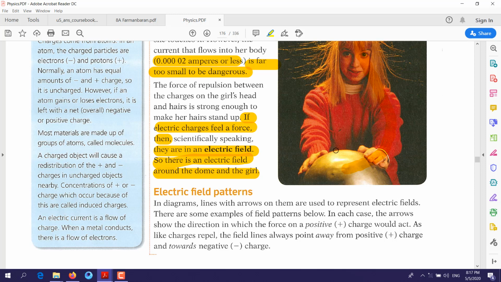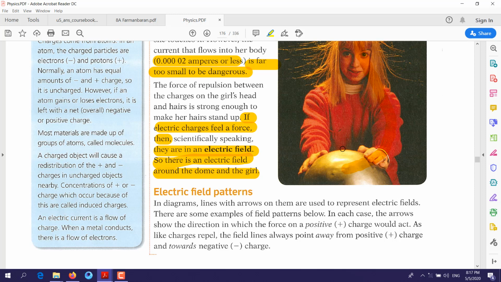If you put any metal with a pointed tip next or close to this dome, what will happen? Here there will be charges, and if you put a metal with a sharp end, now what will happen? These charges from the dome will transfer to the sharp end of the metal.